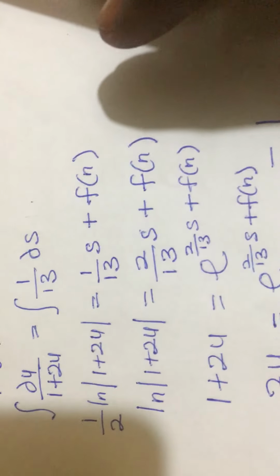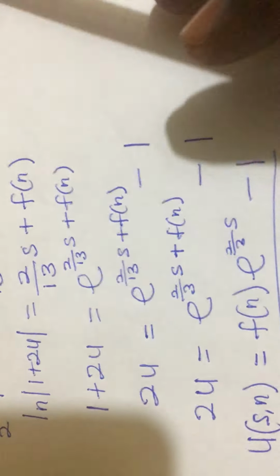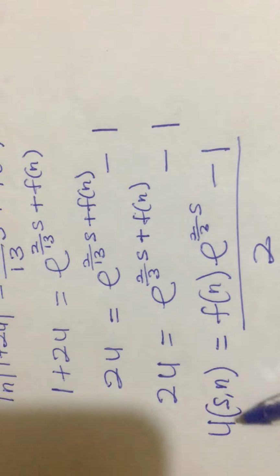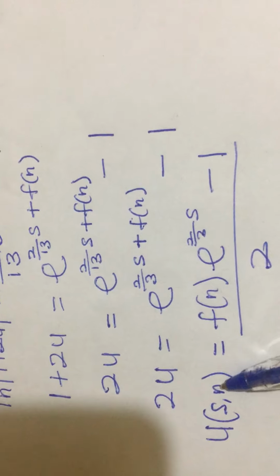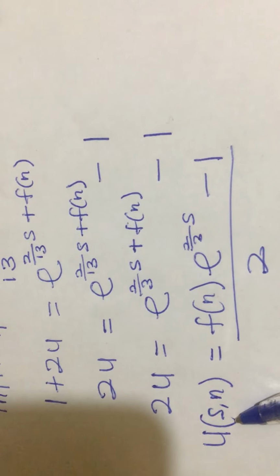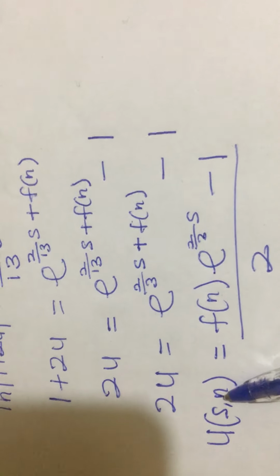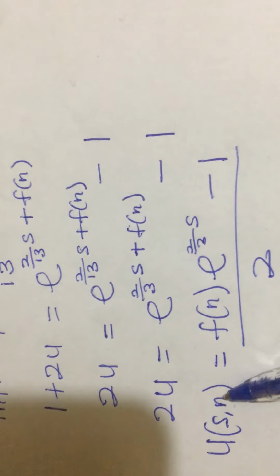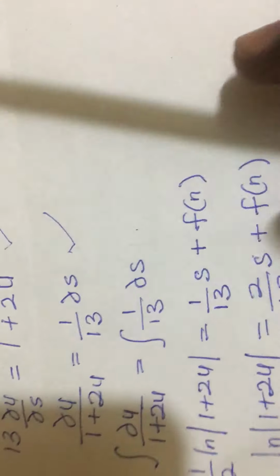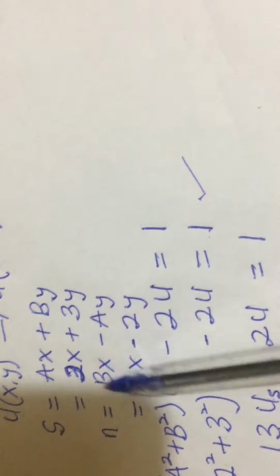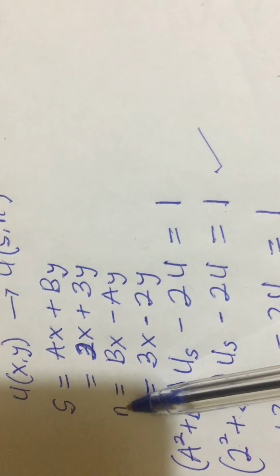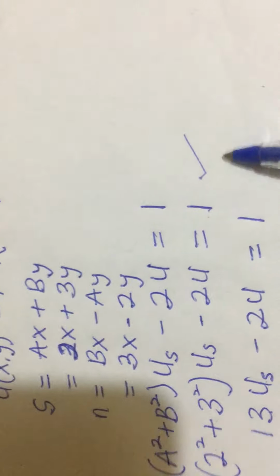So what we do next is we make sure we convert our u, which is a function of x comma n, into u as a function of x and y. So that means we are just going to substitute wherever we see x, you substitute this. Wherever we see n, you substitute this.